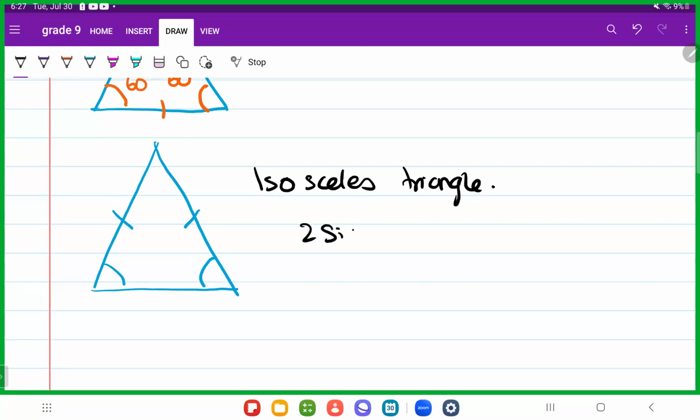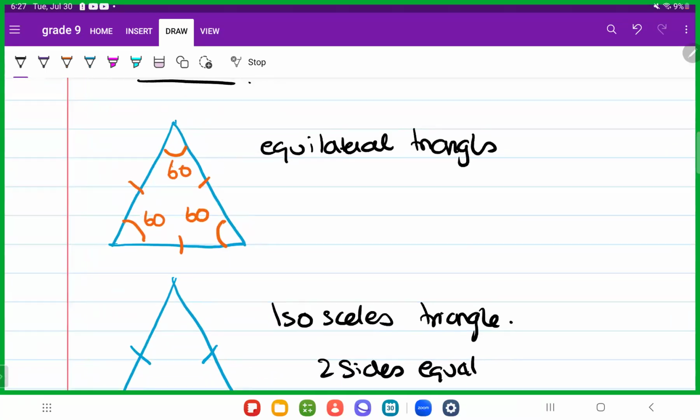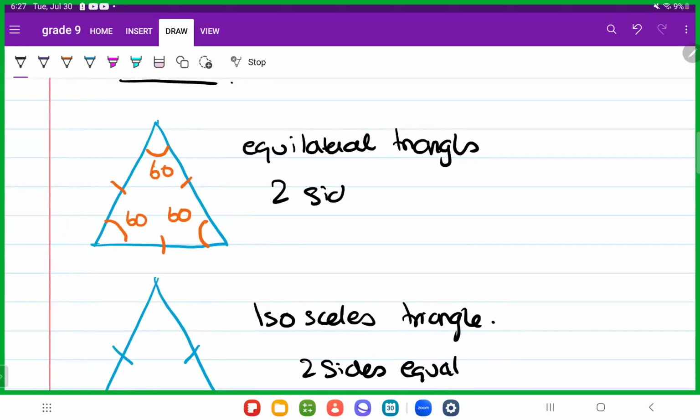It has two sides equal and two angles equal. And another thing that you need to remember is the sum of angles in a triangle is 180.